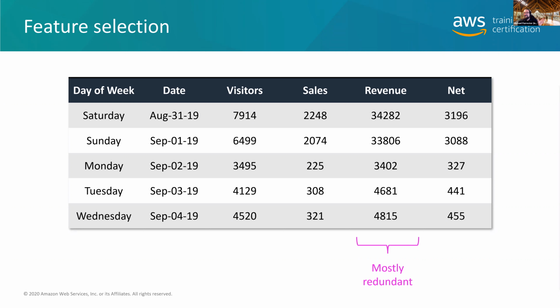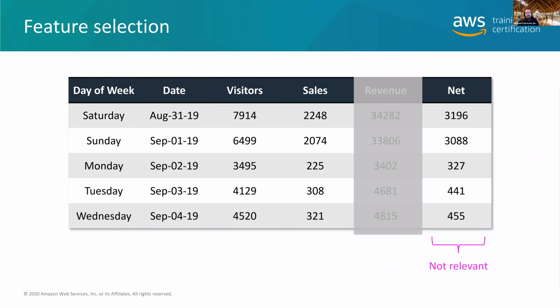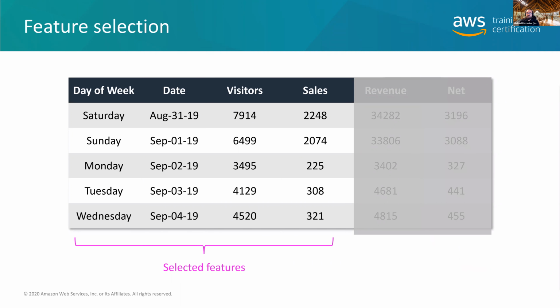Net profits from sales may not be relevant at all here, so we could remove that feature. Feature selection just says, is this the right data that we need for the model and the business problem that we're trying to solve?